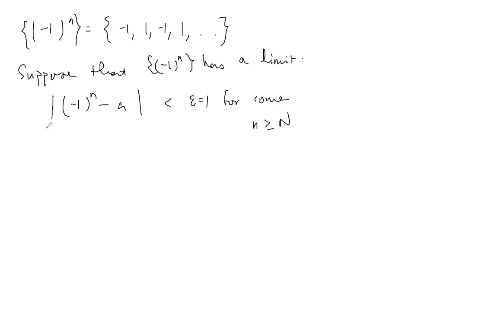Okay, then you consider two cases. When your n is odd, you will have minus 1 minus a less than 1, right? So you get 1 plus a less than 1. If you have even n, this will be 1 minus a less than 1.